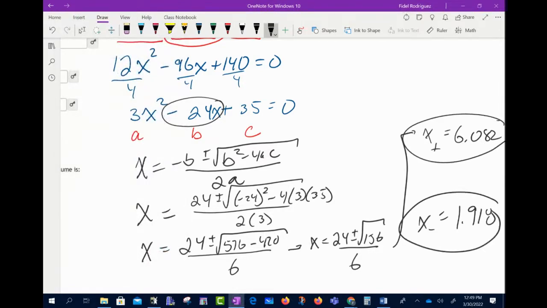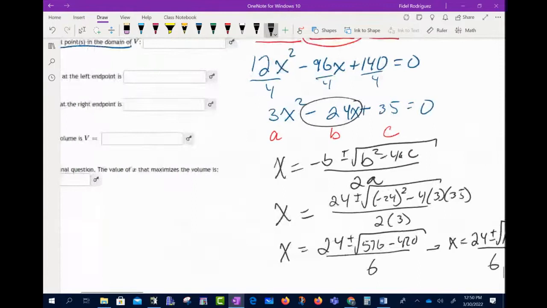So these are the two numbers that I'm coming up with. If I'm using the quadratic formula, like I said, if it doesn't factor, you're going to get decimal answers. It doesn't mean you wouldn't get decimal answers if it factors, it just means the decimals are going to be terminating decimals, or usually pretty decimals. But we don't have that here, right? So those are the two numbers that we end up with.